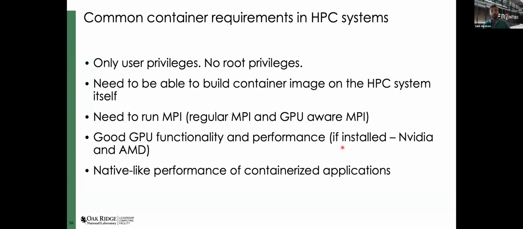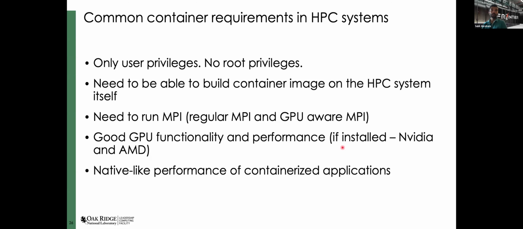So building it on a home computer and copying it over to your HPC system may not really be viable. Just like an application you would normally build on an HPC system, you should also be able to build a container image on the HPC system, on the login node or on the compute node directly.